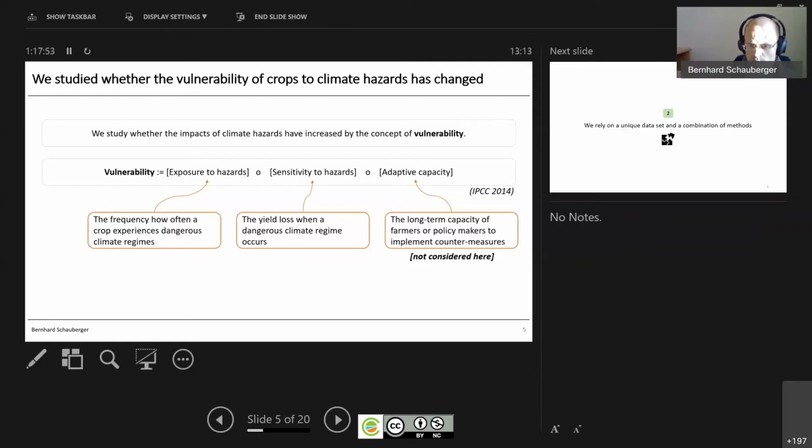Then also how strongly a crop actually reacts to that dangerous climate regime. And finally, whether a farmer can still cope with this exposure and sensitivity, or is really doomed to experience yield losses. And here in this project, we did not consider adaptive capacity, but focused on the physiological dimensions, which is exposure to hazard and sensitivity.